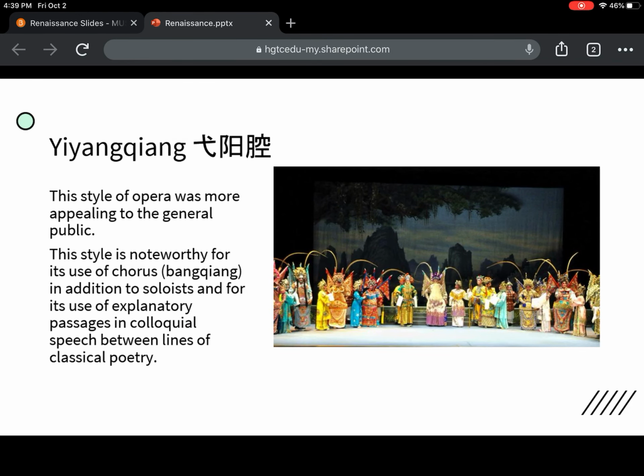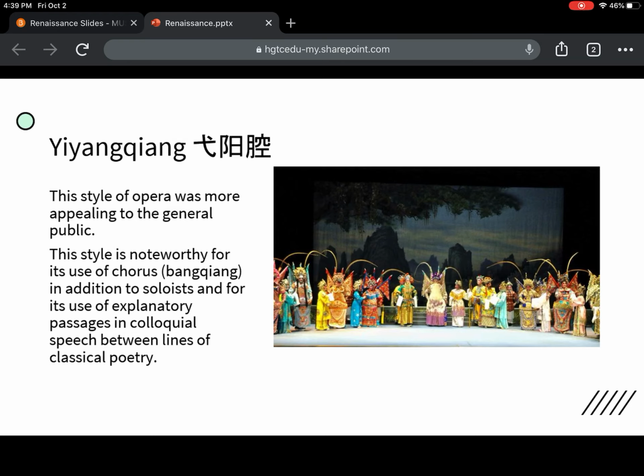All right, next up we have the Yangqiang. I'll try that one more time. The Yangqiang is a different style of opera, and I think this is a cool foil to the Kunqu that we just spoke about, because generally it was made for the general population, so this wasn't your aristocratic style.